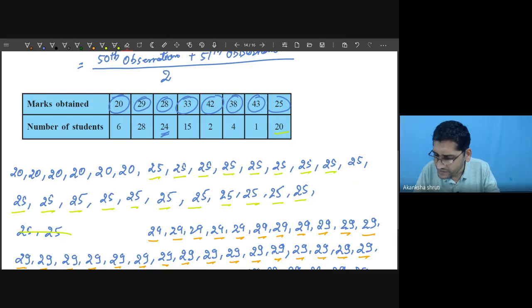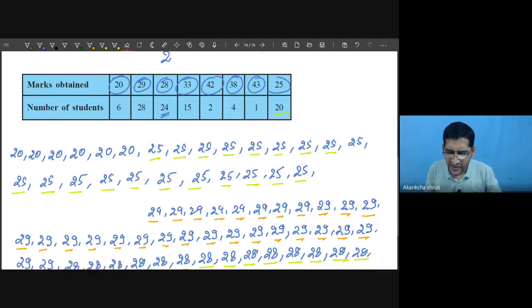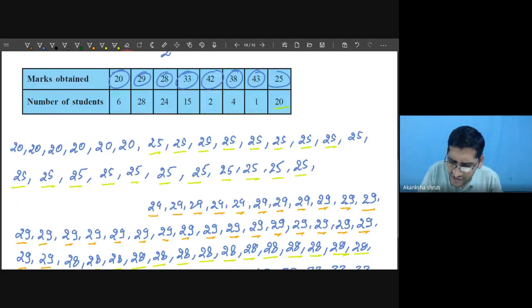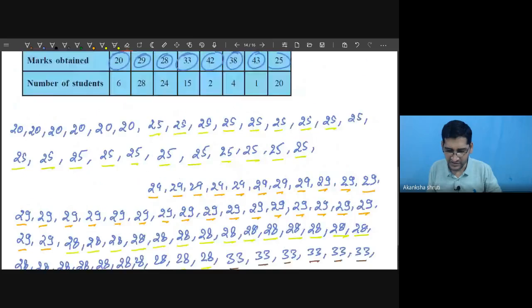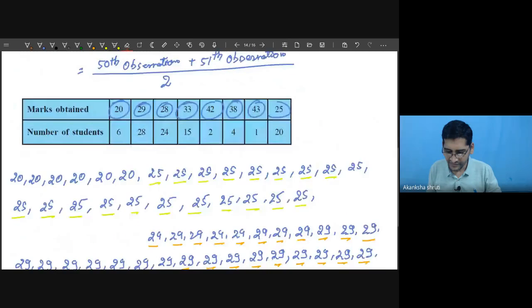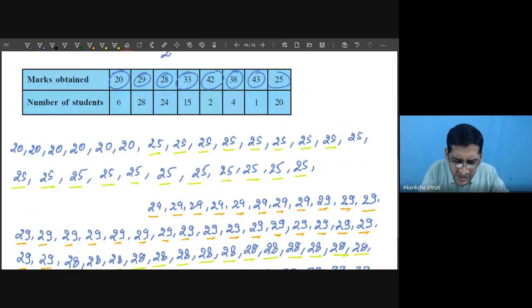Okay, student, keep patience to understand the things. Why you shall go for that? Why not this way? That we will understand. Student, so this way the 20 we have written in order. After that 25, then there is 28. So we shall keep the 28 first, then 29. Let me rearrange it.